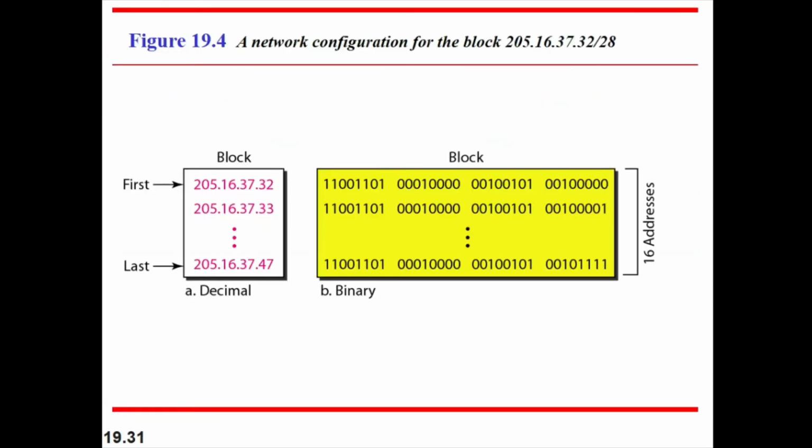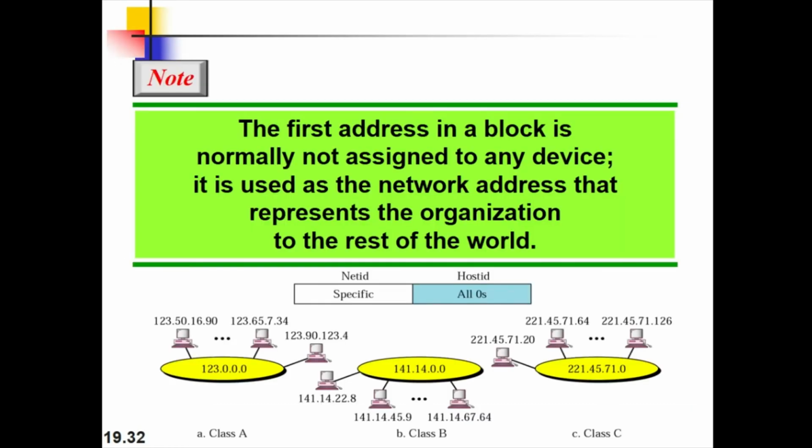Okay, the next one is network configuration for block 205.16.37.32/28. From this, we know that this is one of the addresses in that block and the default mask is 28. The first address in a block is normally not assigned to any device. It is used as the network address that represents the organization to the rest of the world.